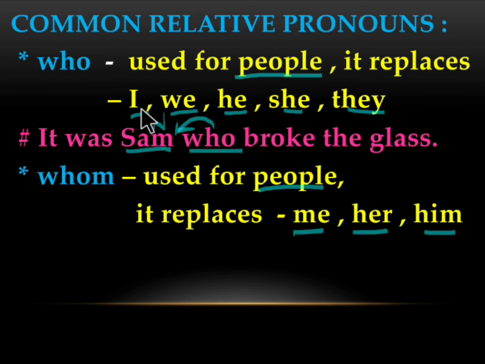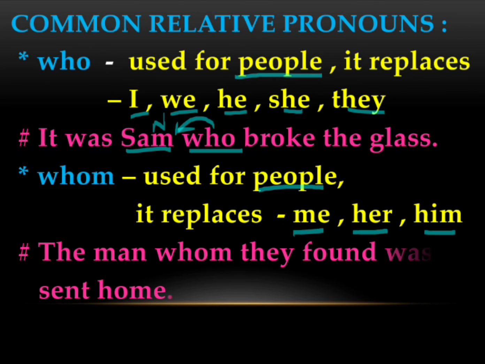Here, who is used to replace the subject and whom is used to replace the object. Now let us see a sentence for this. The man whom they found was sent home. Here the man is the noun. Whom is the relative pronoun which describes man.